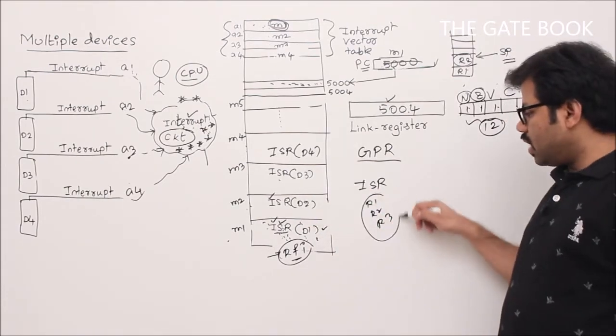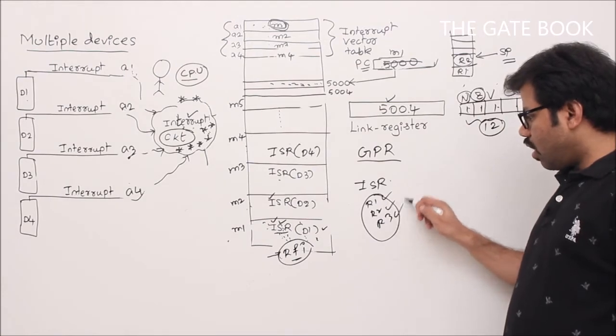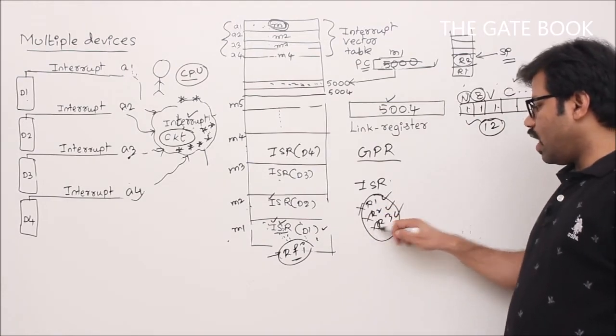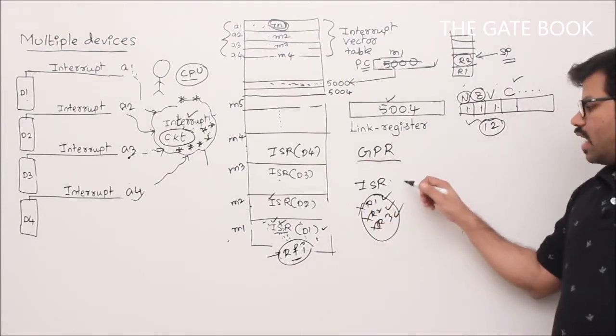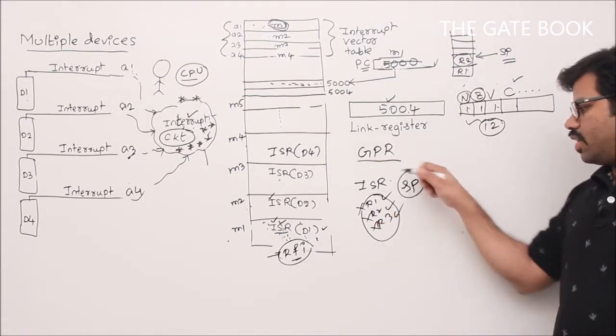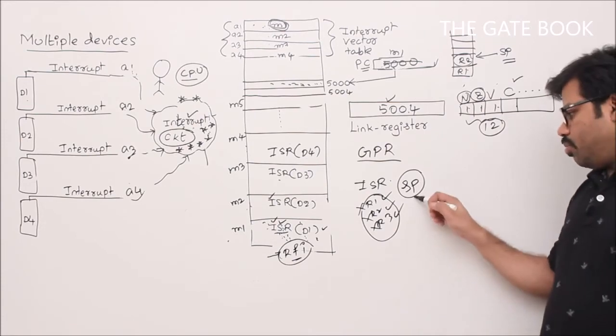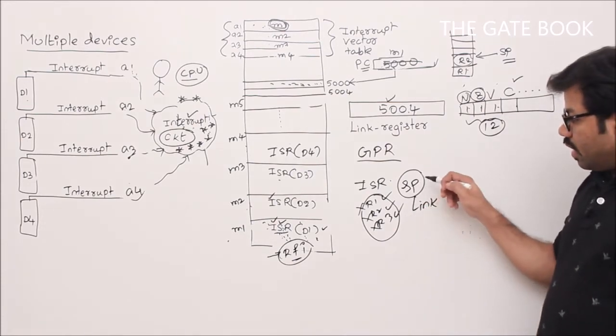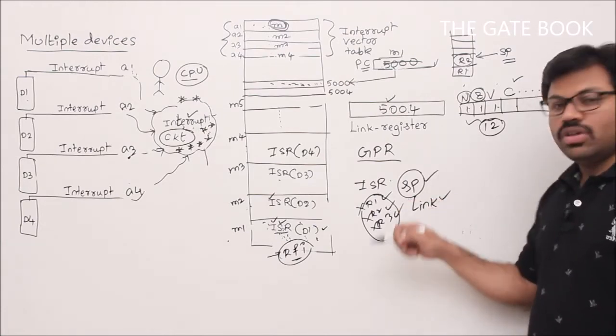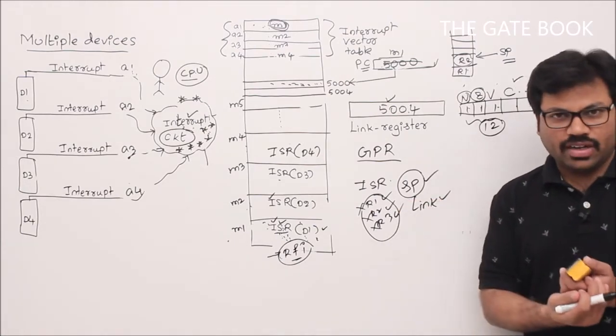So when that interrupt service routine is using only R1, R2, R3, it is going to spoil only R1, R2, R3, which are nothing but general purpose registers, and maybe the stack pointer, correct? Maybe it might use the link register. So whatever registers you are going to use, only those will be spoiled, correct?